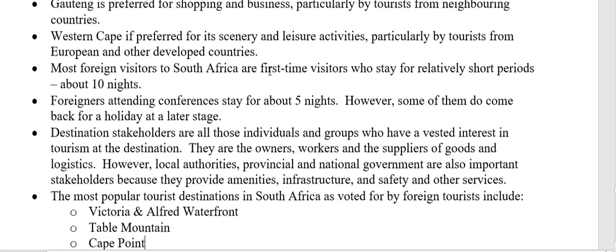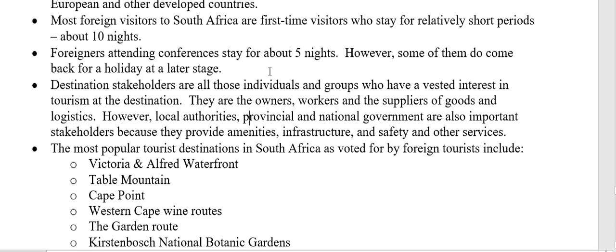Your destination stakeholders are all the individuals that have a vested interest in tourism at the destination. So anybody directly or indirectly involved in tourism, anybody that can benefit in any way from tourism, those are called the stakeholders. It's the owners of the businesses involved in the tourist industry, the workers that have jobs as a result of the tourist industry, the suppliers of goods and services to the tourist industry.